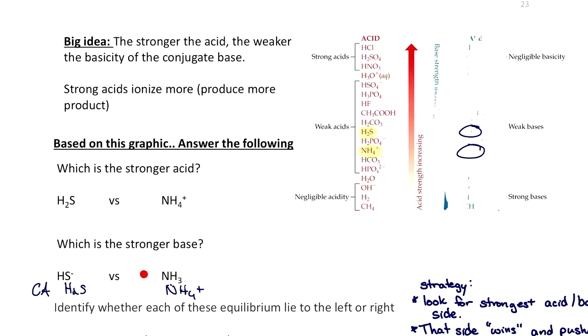So if I'm looking for the stronger base, I'm actually looking for which kind of conjugate acid, the weaker one or the stronger one? The weaker one. So which one is the weaker conjugate acid? Ammonium. Ammonium is the weaker conjugate acid, so that makes ammonia the stronger base.